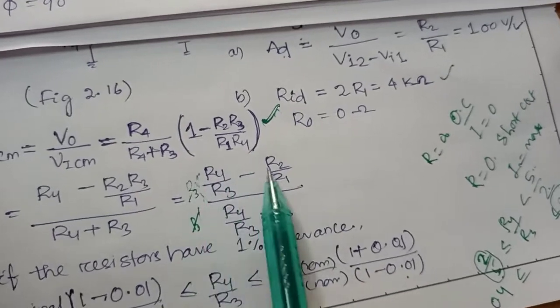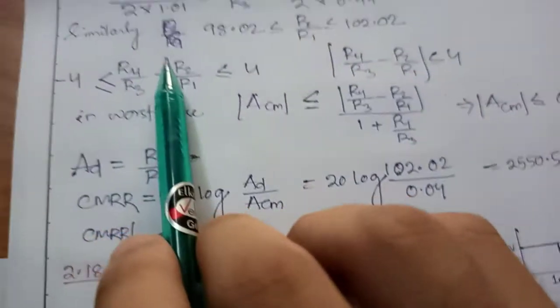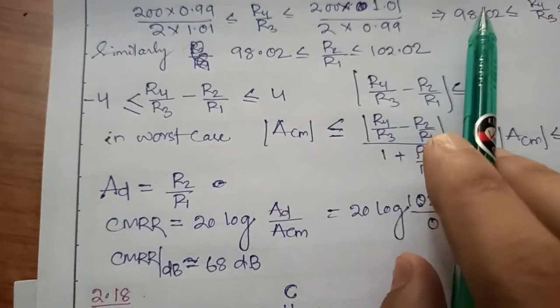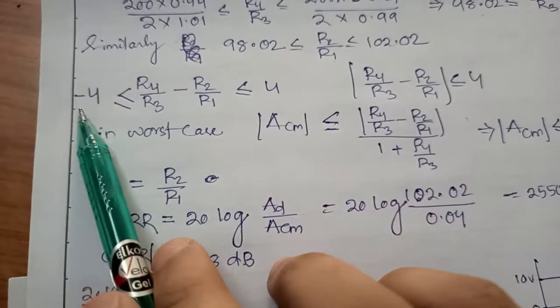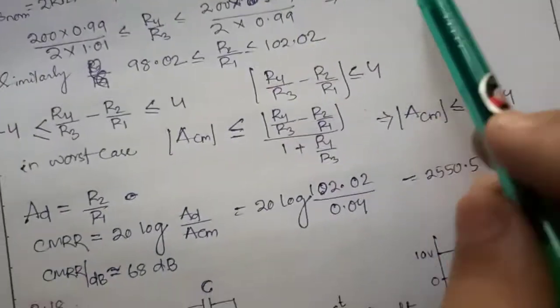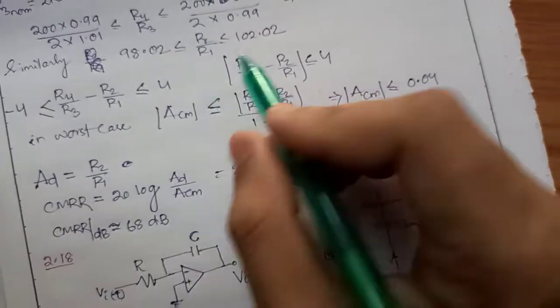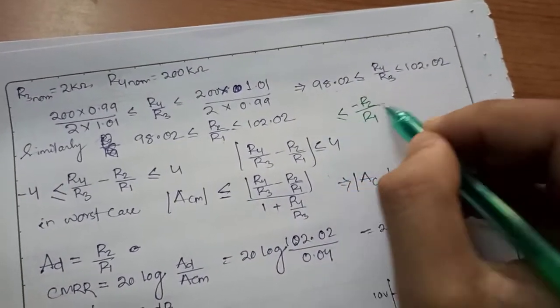So we have to find this ratio. Means first we are going to find the numerator part. So R4 by R3 minus R2 by R1, which is nothing but this value minus this value, then I will get minus 4 at this side. And at this output side, you see, this is the R2 by R1. If I take minus R2 by R1, then it will reverse.